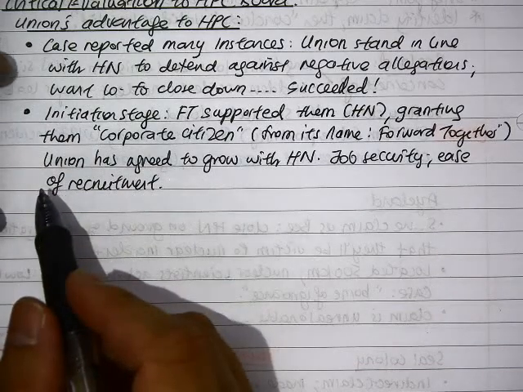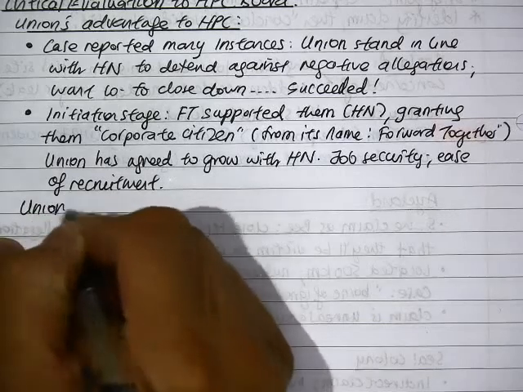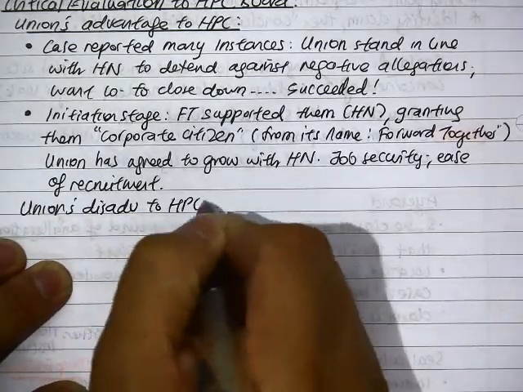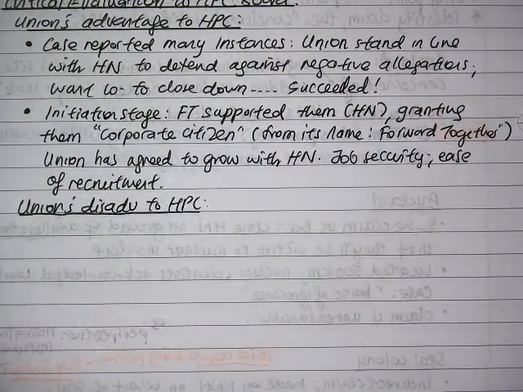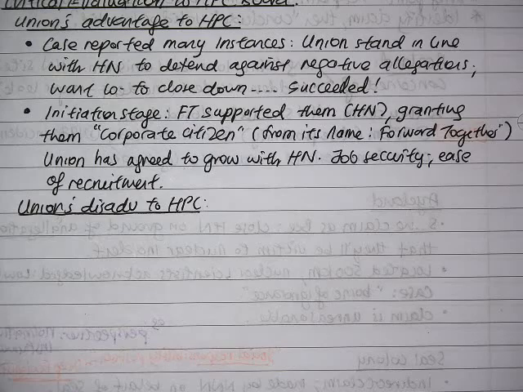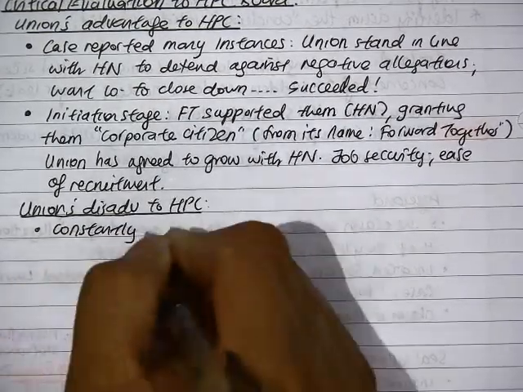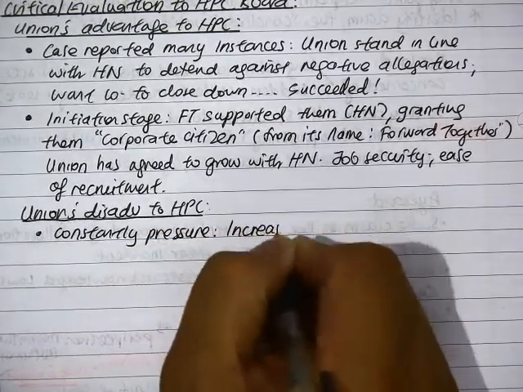So I argued the good to the company. But I also must see that the union had some problems now, right? Okay, the union had some problems. Now, the union's problem is, you would see that they constantly pressured them to increase the pay.